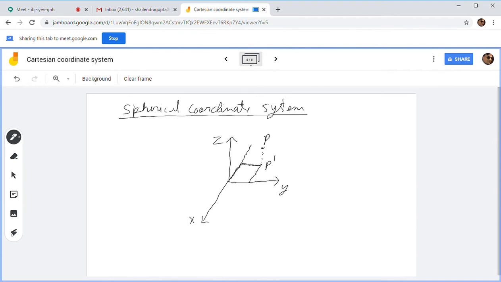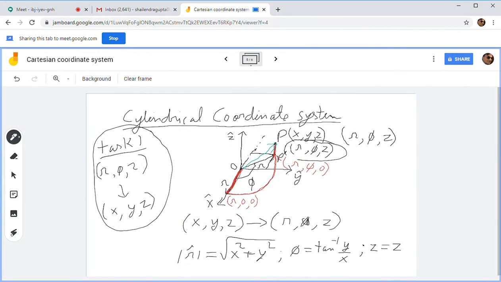So how did we define our spherical coordinate system? We define it with the first dimension as r, and mind you, this r is different from your cylindrical coordinate system r. In the cylindrical coordinate system, you defined your r as the distance from O to P dash, the r dimension on your xy plane.